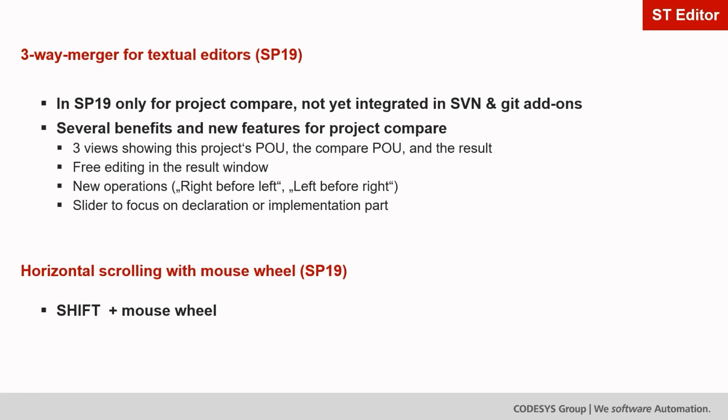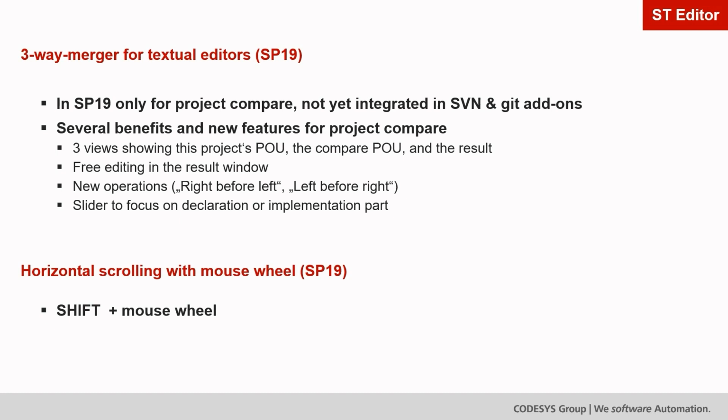What is new? Beside the two compared function blocks, there is a third view where you can see the result. This is helpful if you don't just want to compare and see the differences, but also merge them. Then it is very beneficial to see the result clearly and to be able to edit it freely.